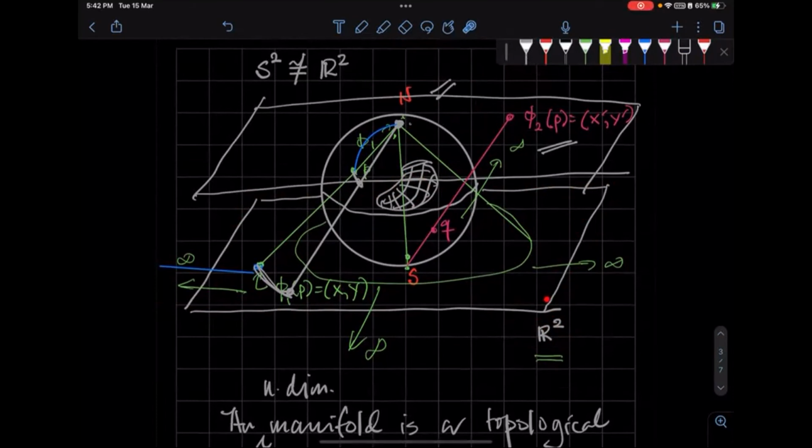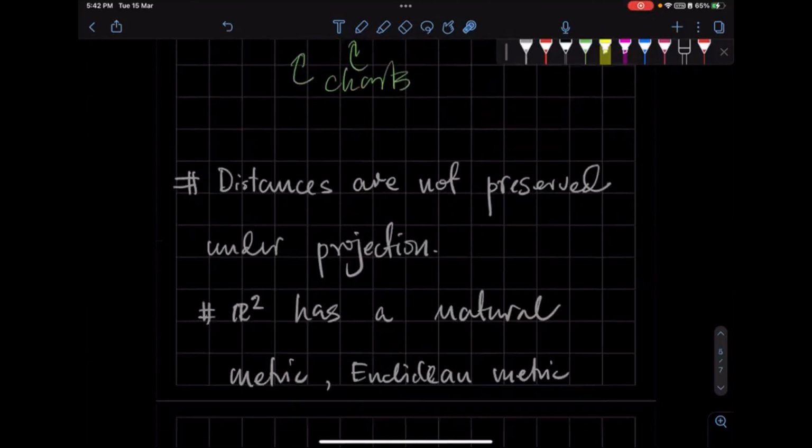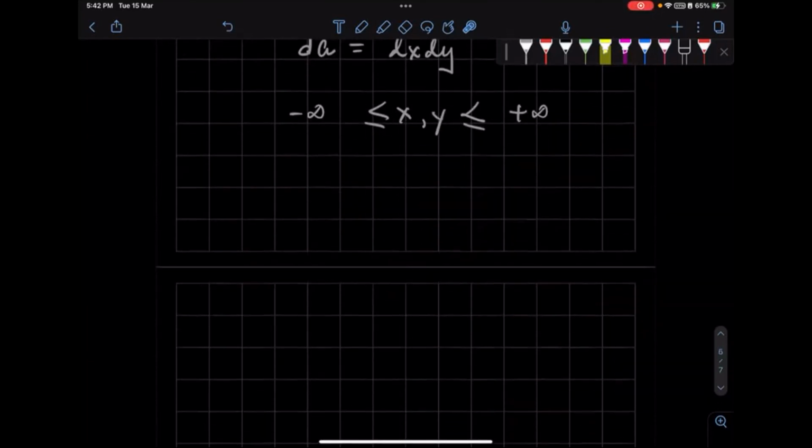So we have to think of R2, or an open set of R2, with that particular metric. That's what we do when we integrate the area, with d theta, d phi and all that, on a two-sphere. We're actually implicitly doing all of that.